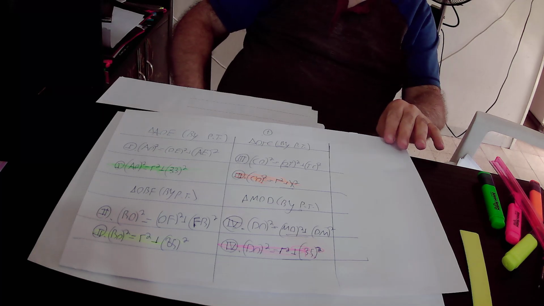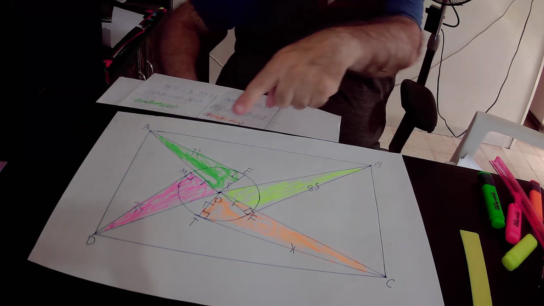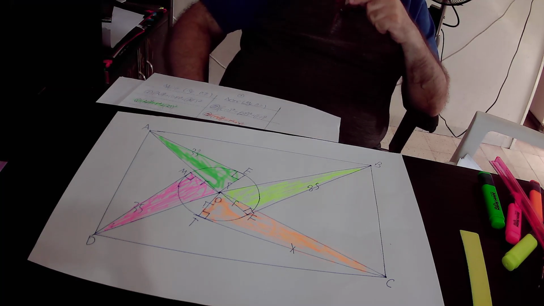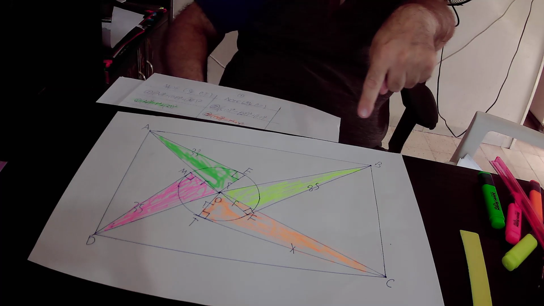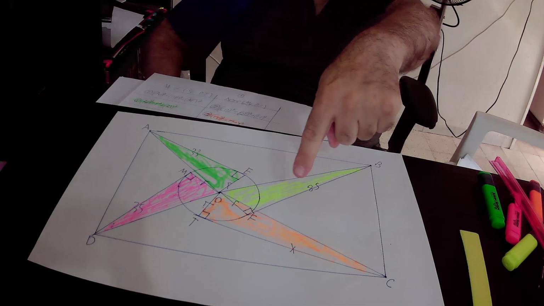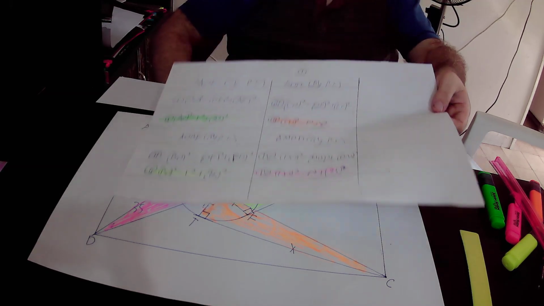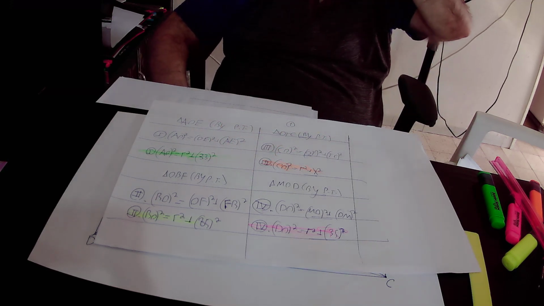Then we joined points P and O together by a straight line, and then implemented the Pythagoras theorem on the right yellow triangle BOF. According to the Pythagoras theorem, BO square equals OF square plus BF square.